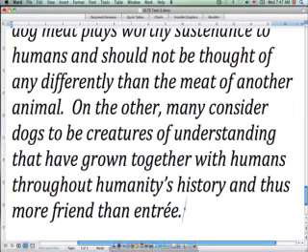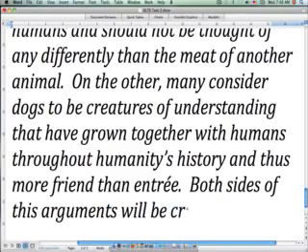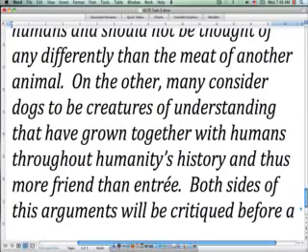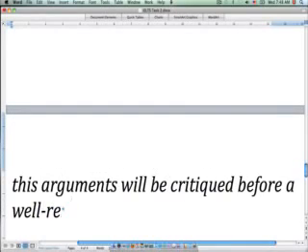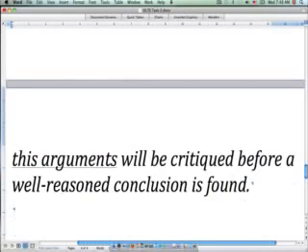Now we want to say very briefly that both sides of the argument are going to be looked at in detail before we come to our own conclusion. Okay, so now let's go on to our first supporting paragraph.